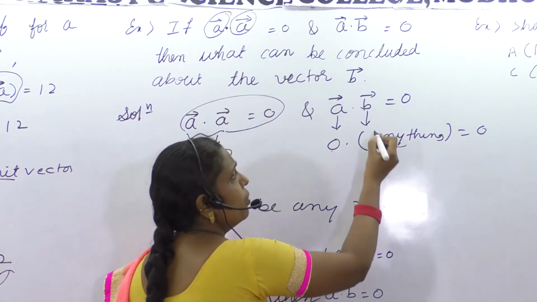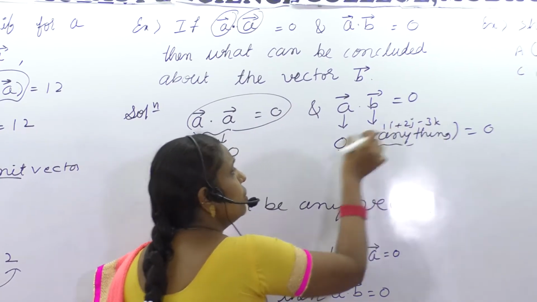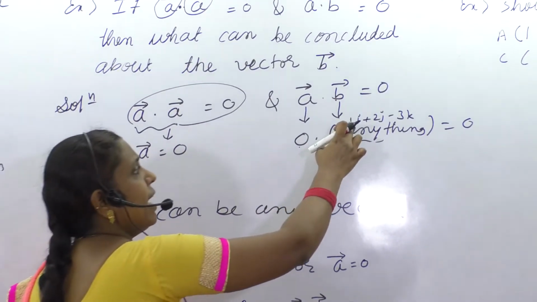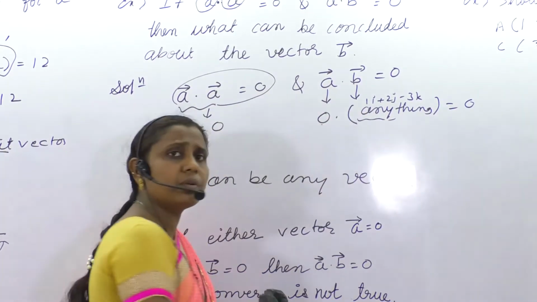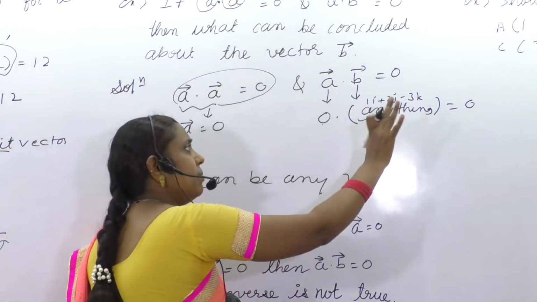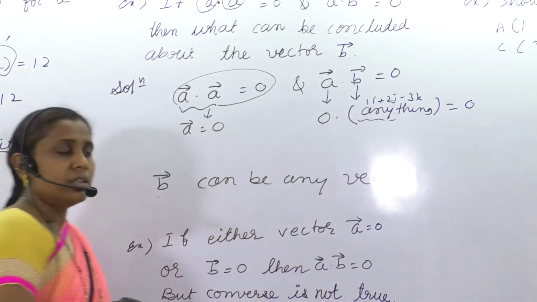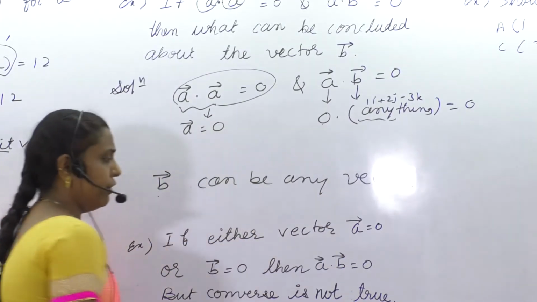Yes or no? If you put 1i plus 2j minus 3k, that into 0 is 0. You take any vector, the result happens to be 0. So the b vector can be any vector.